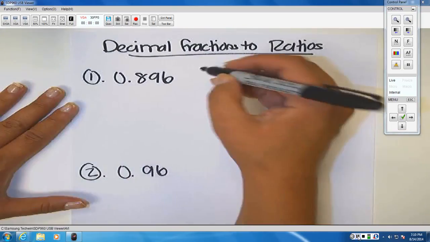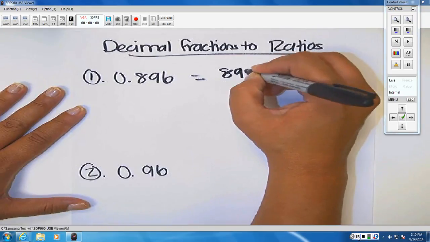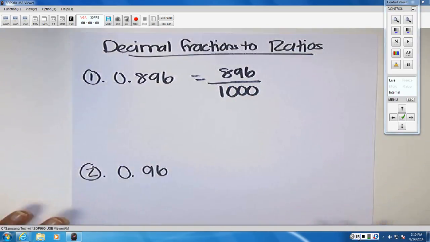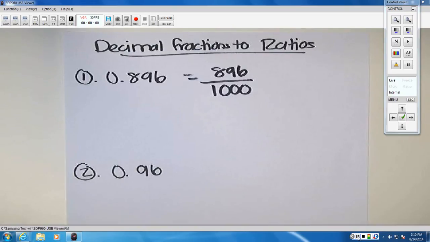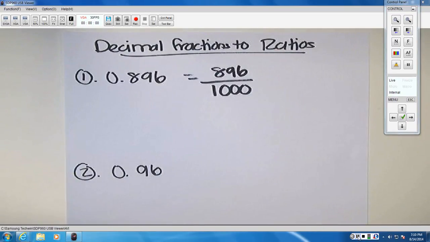So I'm just going to take this, and this is going to turn into 896 over 1,000. Okay, so I just simply took that decimal and turned it into a fraction, and now I have to reduce it. And I want to show you something really quick.